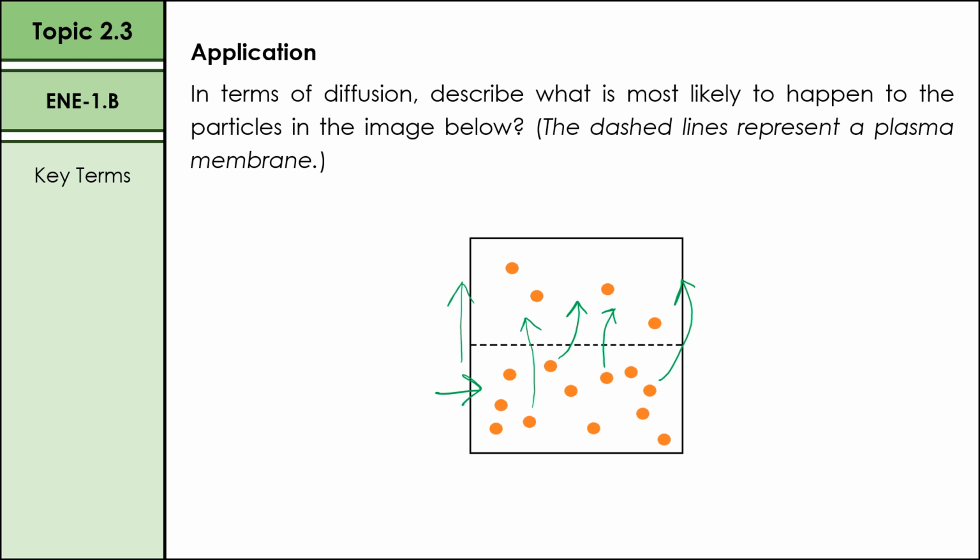They will continue to move until they reach equilibrium. At that point, they will continue to move back and forth, but they will be at equal concentrations on both sides, so we shouldn't be able to see a difference.